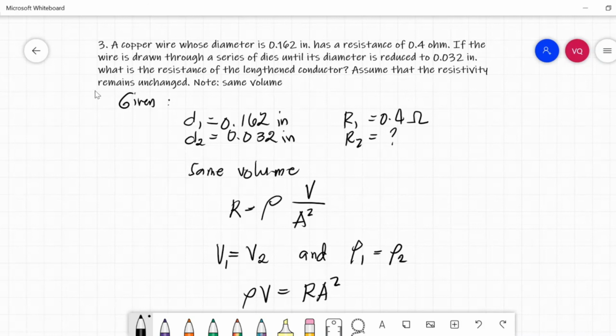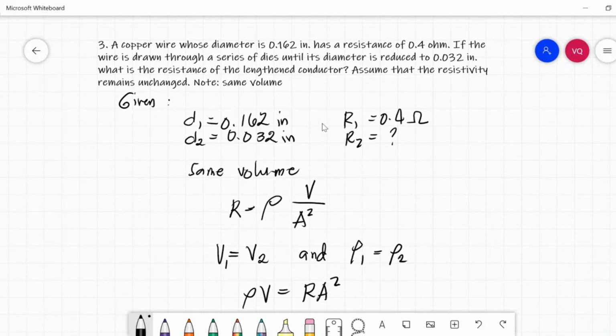Assume that the resistivity remains unchanged and it has the same volume. So we have diameter 1, that is 0.162 inch. Diameter 2 is 0.032 inch. And our resistance 1 at diameter 1 is 0.4 ohms.